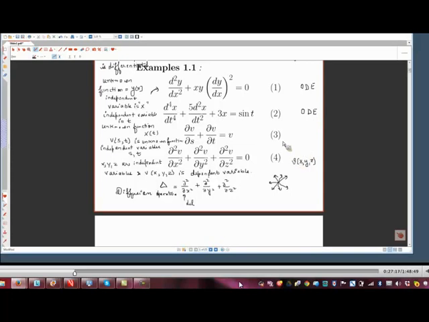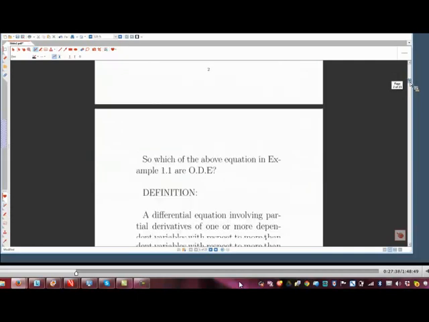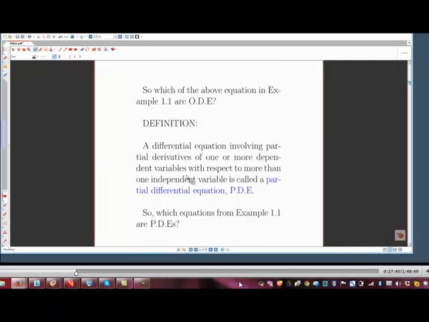What about 3 and 4? 3 and 4 are PDEs, partial differential equations, because they have more independent variables in them, and that's what this definition says.